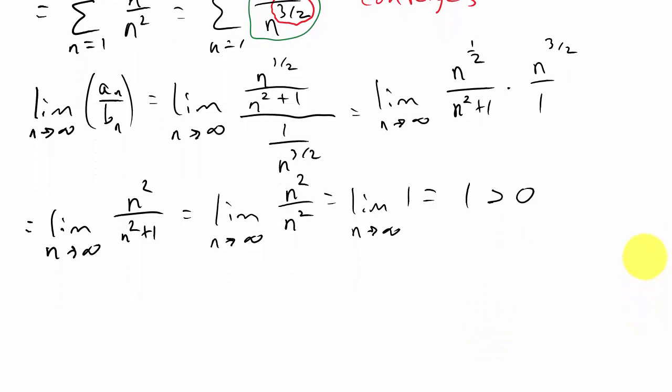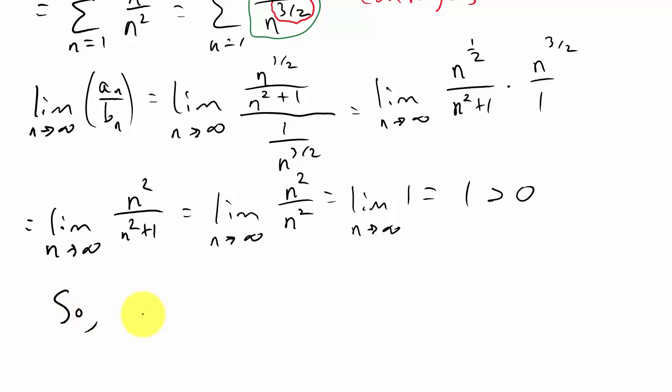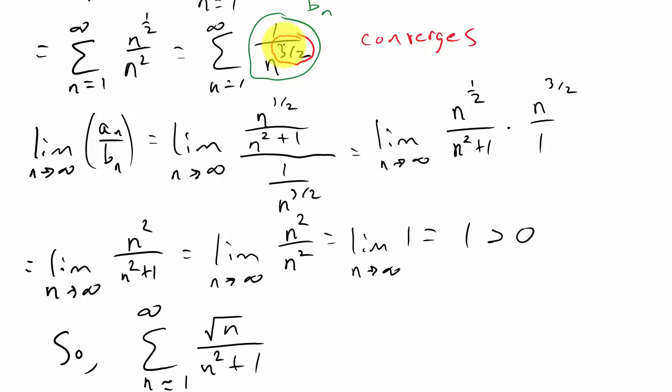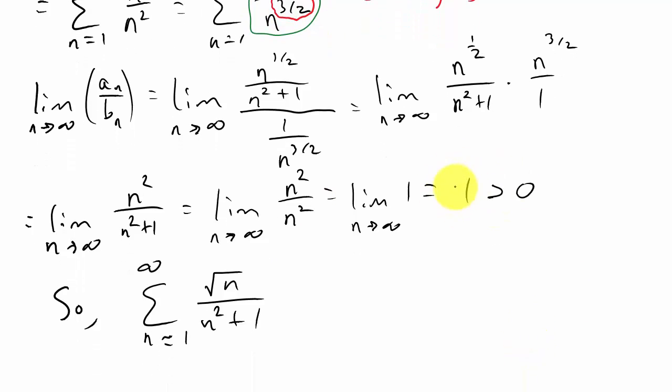So by the limit comparison test, that should be a 1, the series that we compared it to converges, and since the conditions of the limit comparison test were satisfied, that this limit here equaled a finite number and it was positive, that means that this series here, the square root of n over n squared plus 1, also converges.